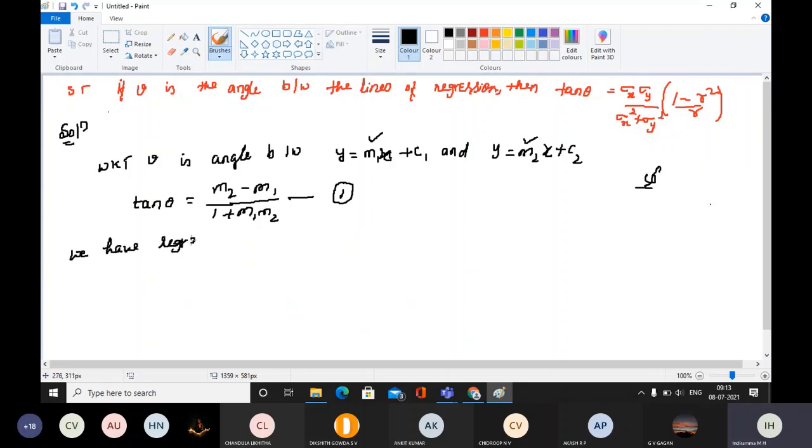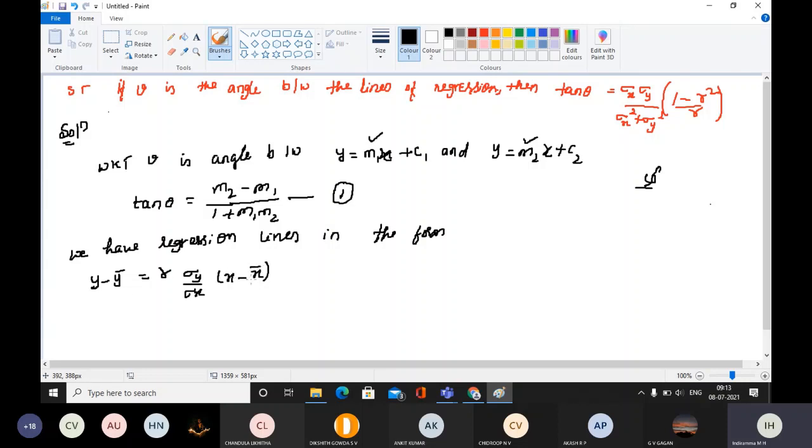Can you tell me the formula for regression lines in sigma x and sigma y form? We have the regression lines in the form y minus y bar is equal to r into sigma y by sigma x into x minus x bar.